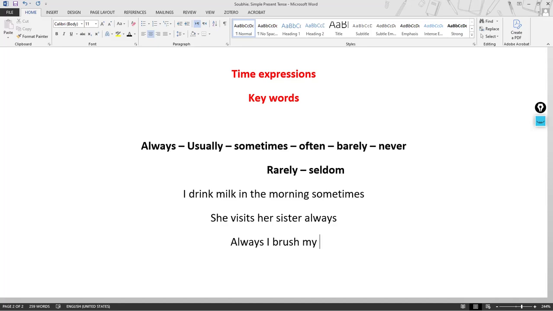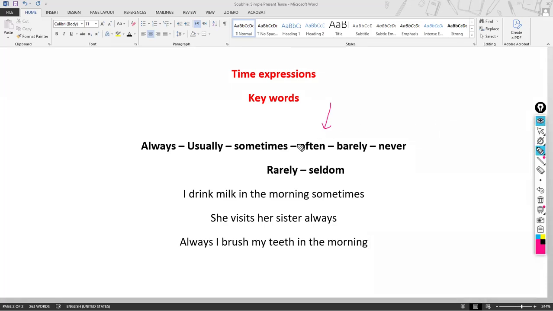Please avoid that, Subhi, because this is completely wrong. Why is it wrong? Because you are not free to use them in the place you want. Sometimes I want to use them in the beginning of the sentence, maybe at the end, maybe in the middle. This is wrong. Please.